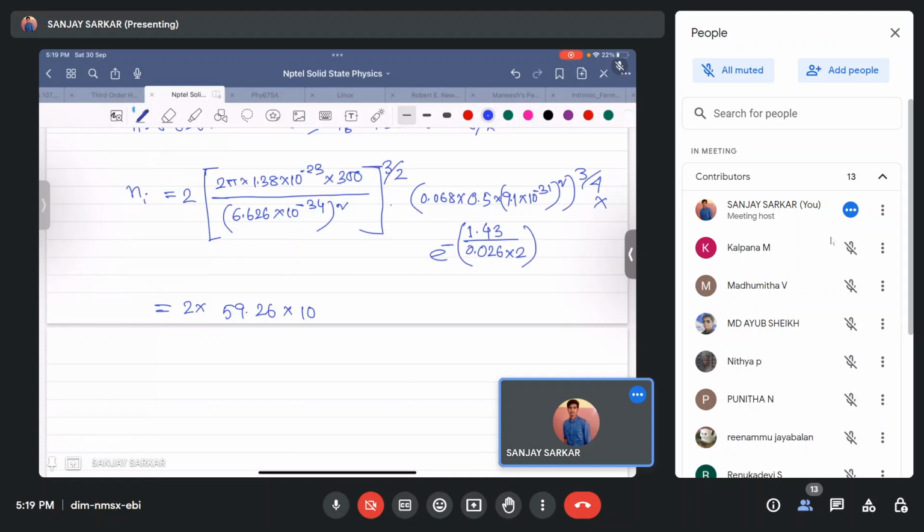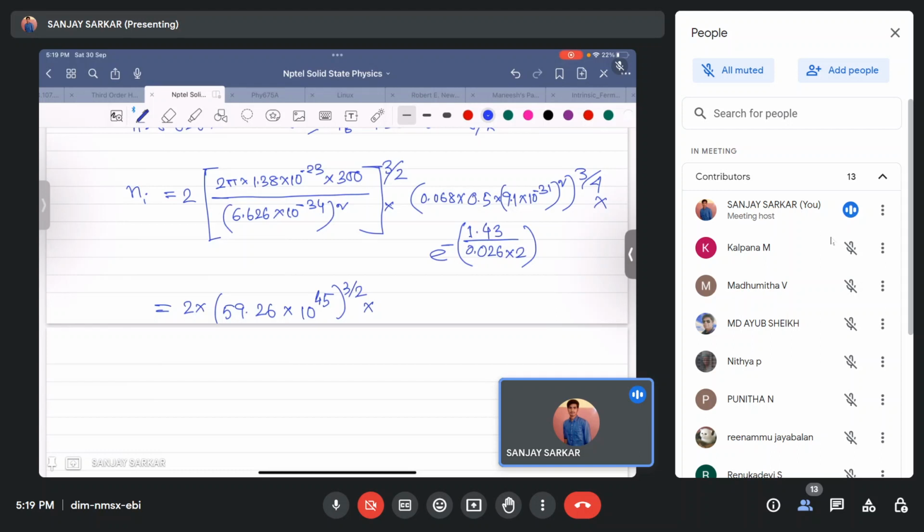So 23 minus 34 into 2, 45 to the power 3 by 2 into 0.068 into 0.5 into 9.1 square.